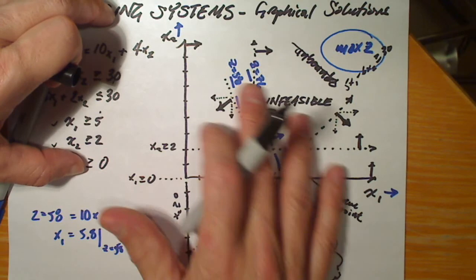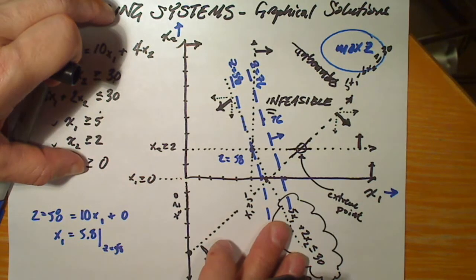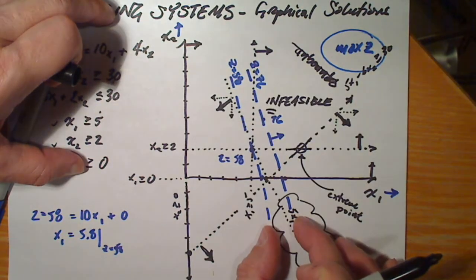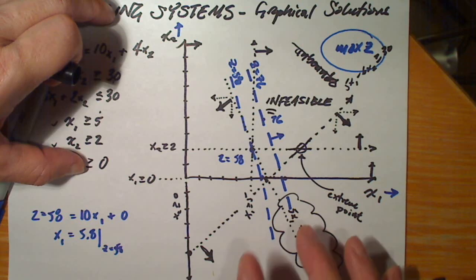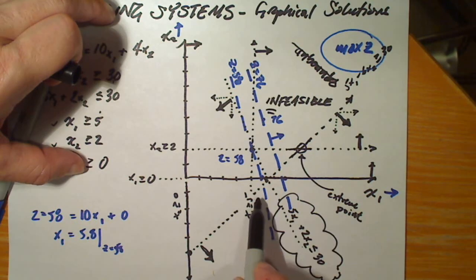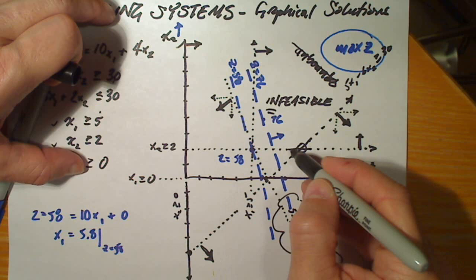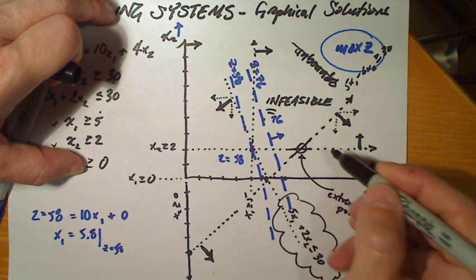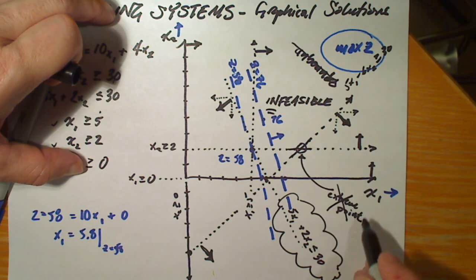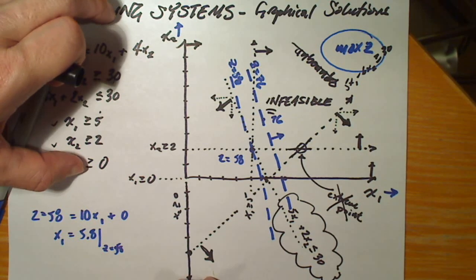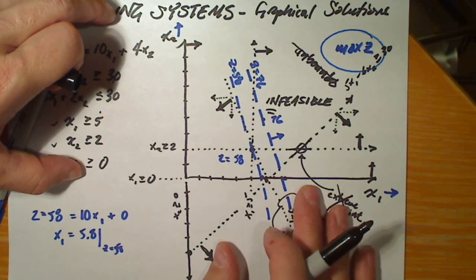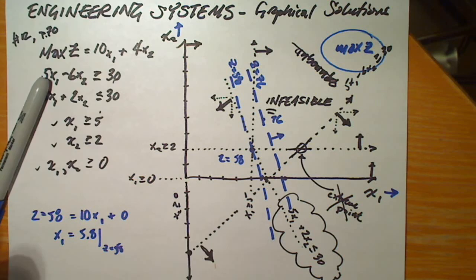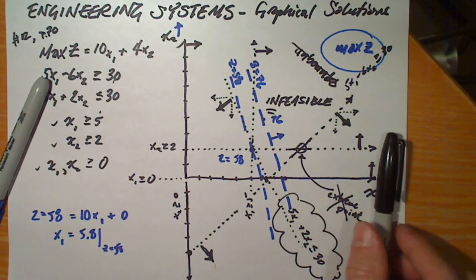In this problem, we have no feasible region. We've only plotted the objective function for the academic purposes of illustrating how the objective function results in parallel lines. Although there are some candidates that we could test for the extreme point because they represent intersections of the constraints satisfied as equalities, there are no extreme points because there's no feasible solution. In any linear problem, if there is a solution, it will be found at an extreme point. And I'll leave you to comment on the video to explain to me why.